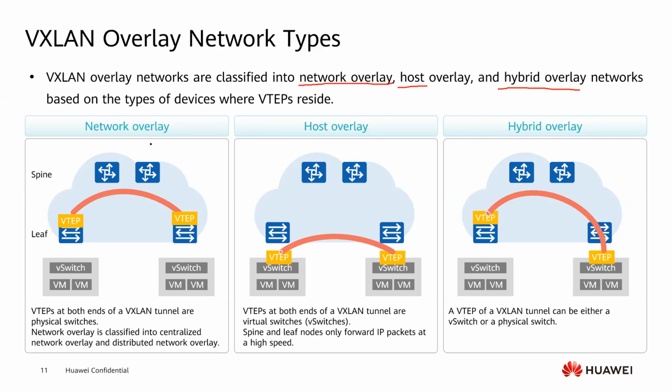So if you use the physical network switch to function as the VTEP, it needs only a little work and will not cost so many CPU resources. But if you use the host overlay, the vSwitch needs to do a lot of work. For example, it has to do the VLAN work, transform the VLAN frame to the VXLAN frame, and calculate a lot.